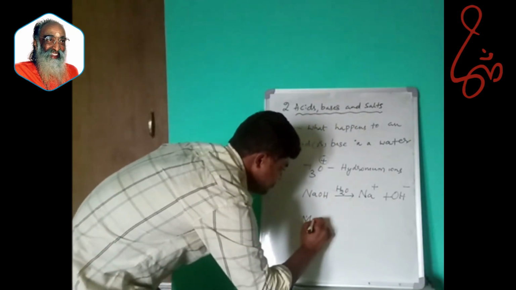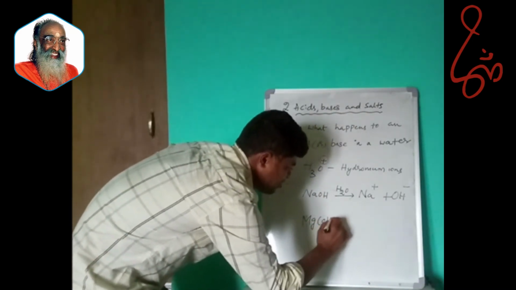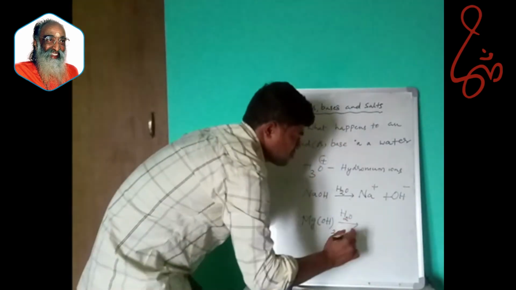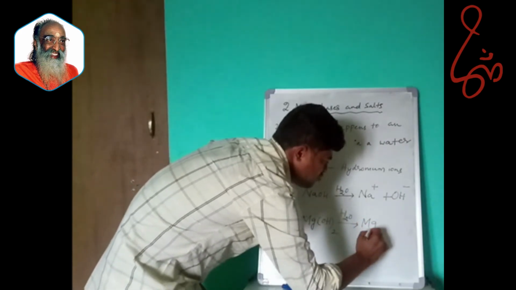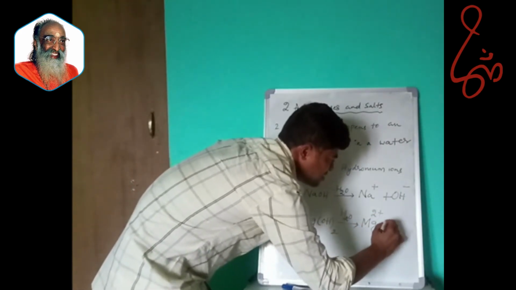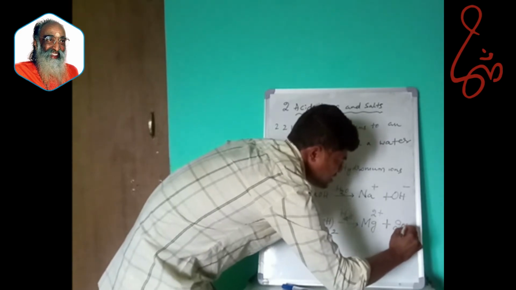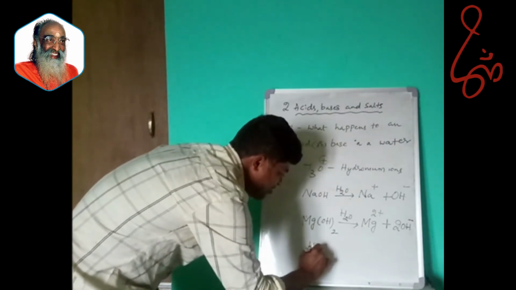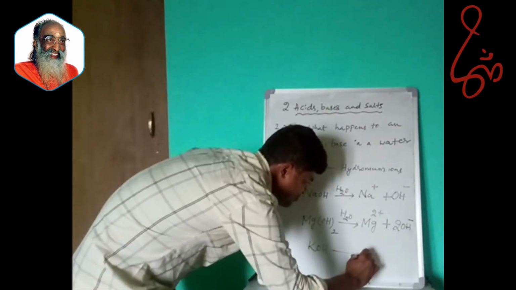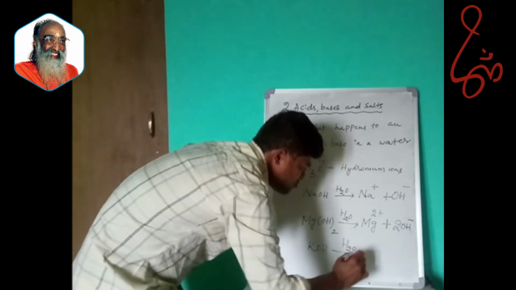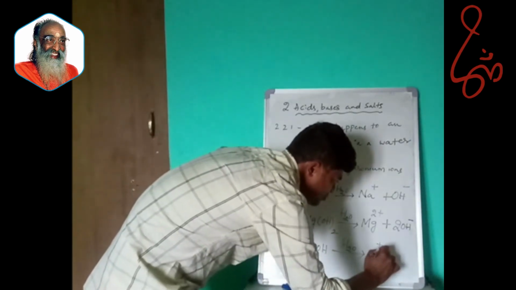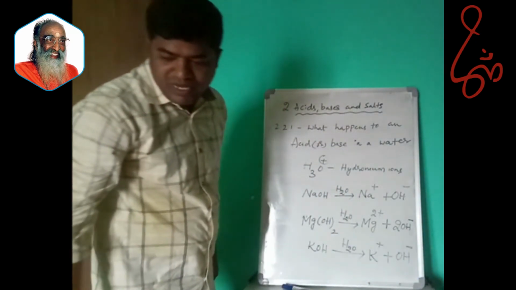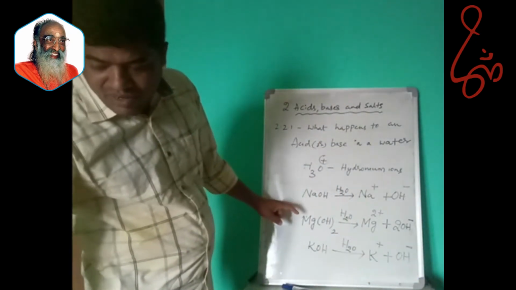Similarly, magnesium hydroxide dissolved in water gives Mg2+ and 2OH-. Similarly, potassium hydroxide dissolved in water gives K+ and OH- ions.